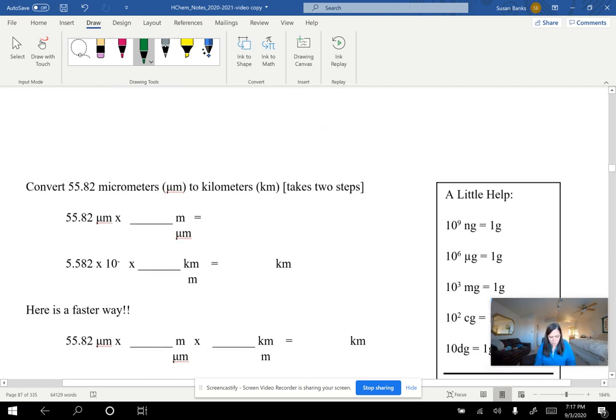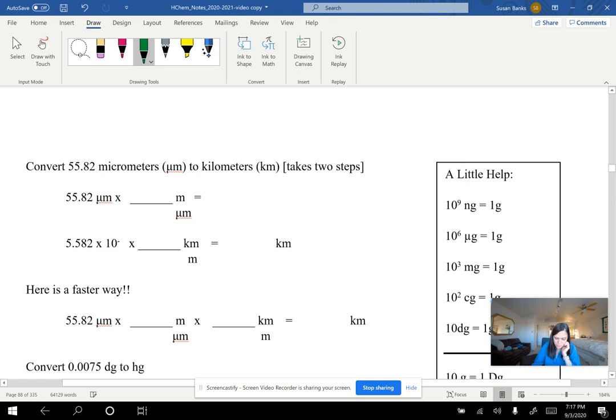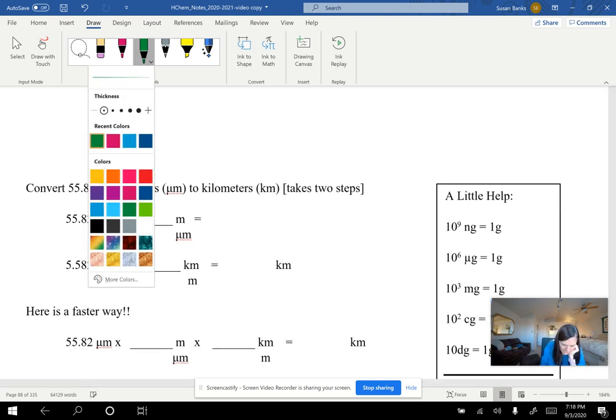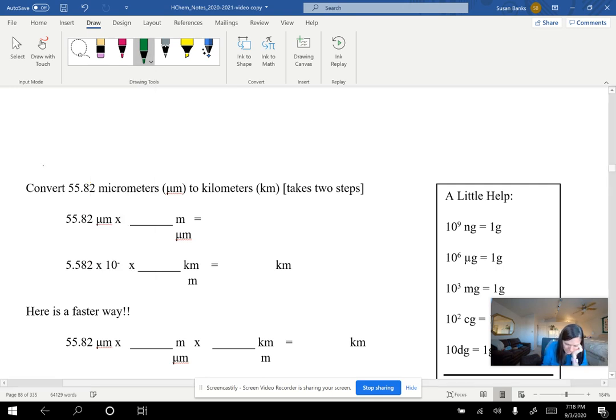Okay, now we're going to do 2 steps. And in the 2-step problems, I like to go back to the base unit in between. It makes it a lot easier.